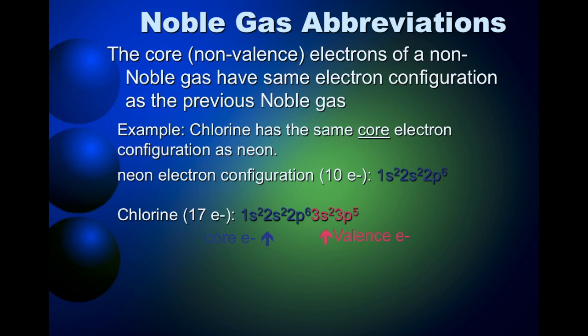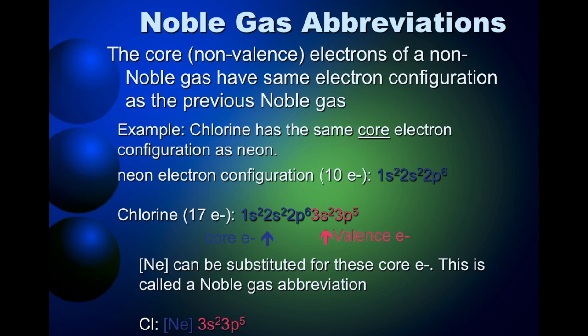But in addition, chlorine has 7 additional valence electrons, which are in 3s2, 3p5. Since this is the only thing that differs from neon, and since it's a lot of work to write out the electron configurations, we can abbreviate the electron configuration of chlorine using the noble gas neon.